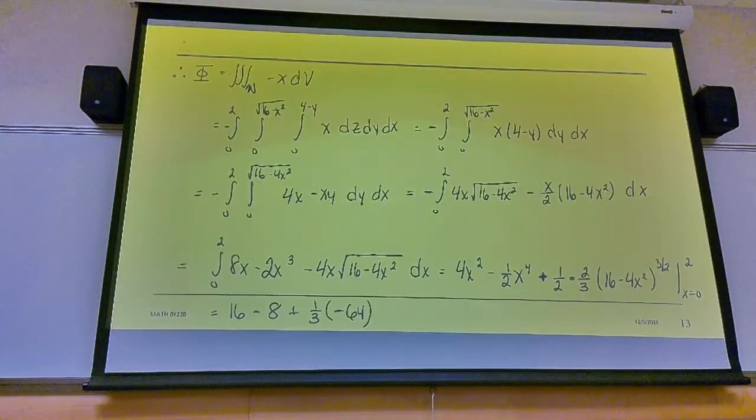Questions on divergence theorem? More just a comment than anything else.